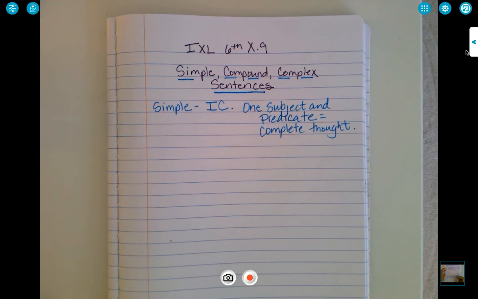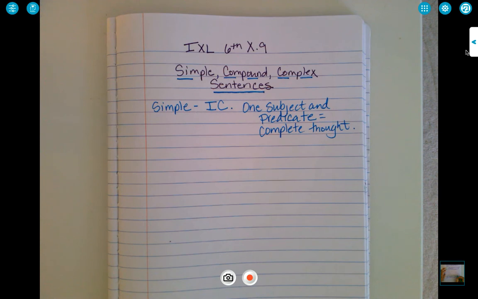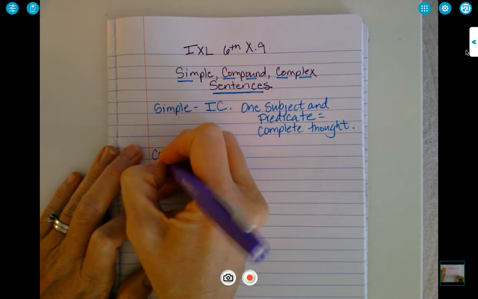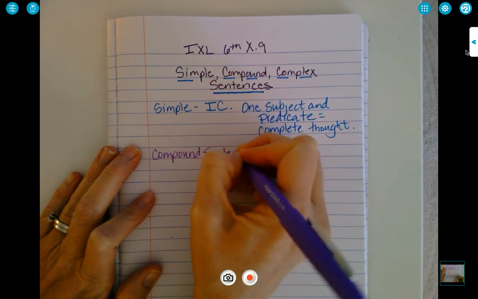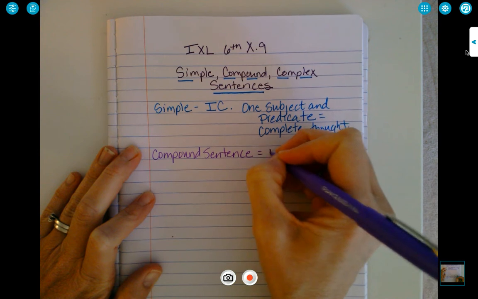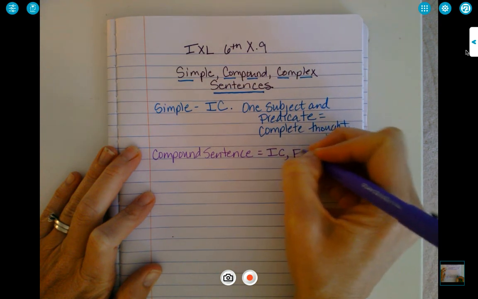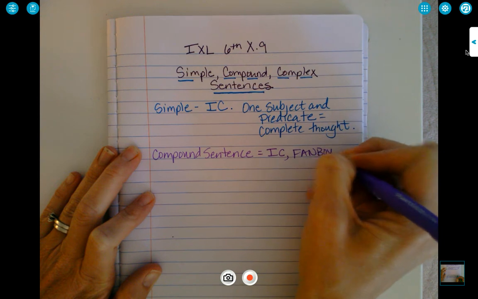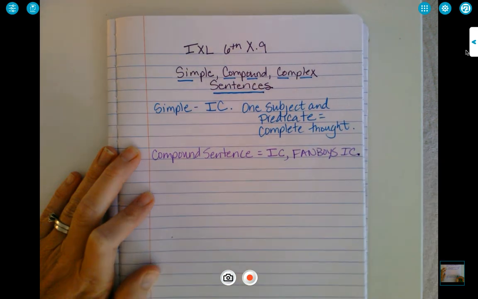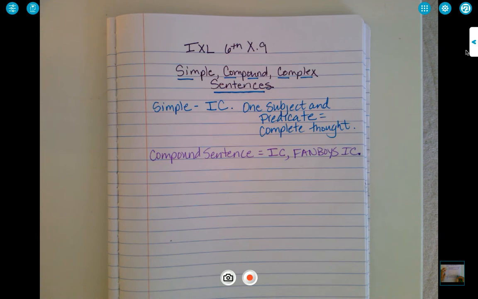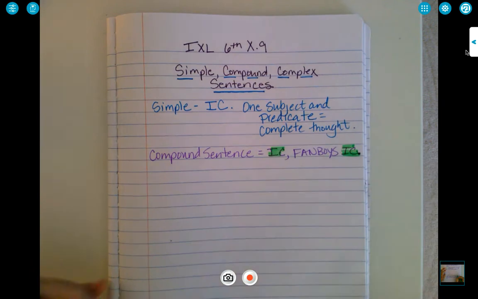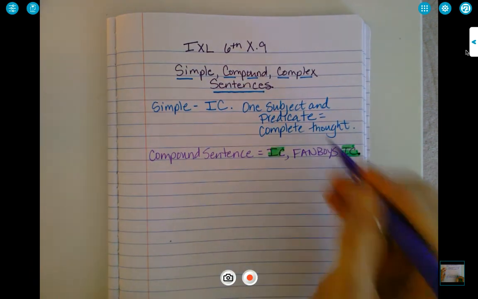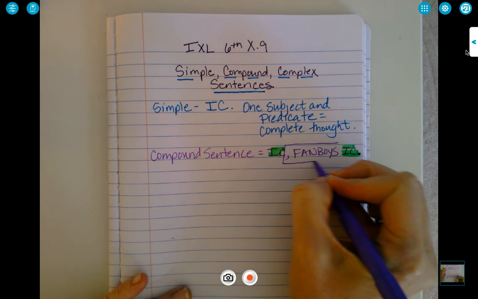Okay? So the next type of sentence we have is called a compound sentence. And you will remember that a compound sentence has an IC, a comma, a fanboy, and another IC. So a compound sentence has two independent clauses, and in between those two independent clauses is a comma and a fanboy.